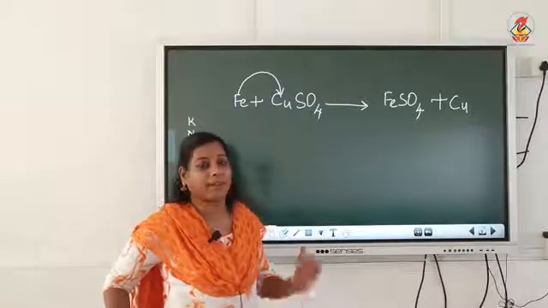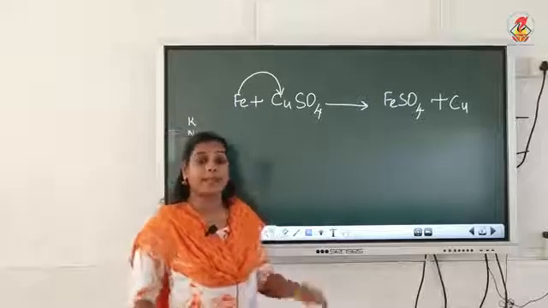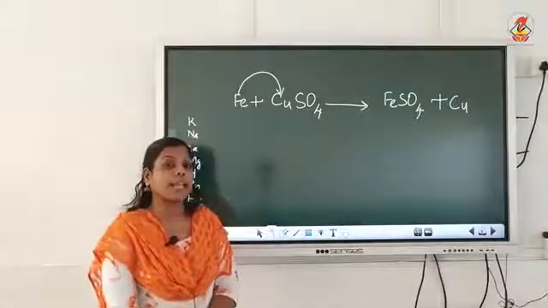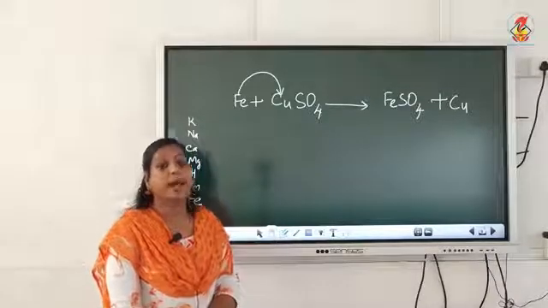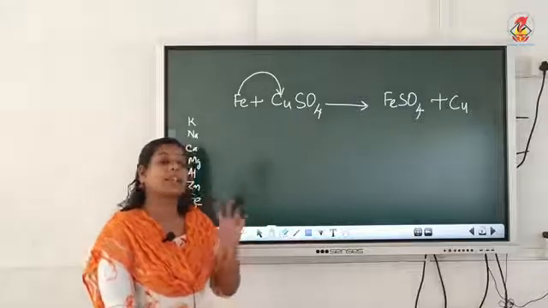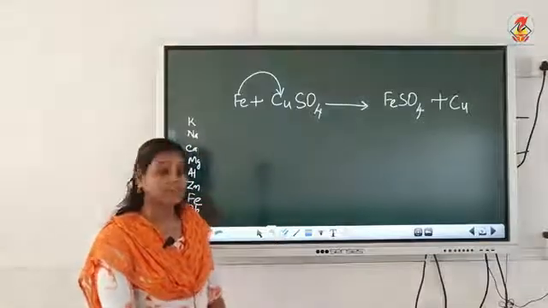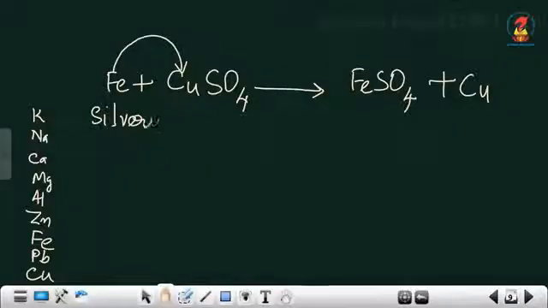We are all familiar with that. And here the color changes we also have to mention. Sometimes you will get a question: what do you observe when an iron nail is dropped into copper sulphate solution? At that time we have to tell the observation. Iron has a silvery grey color, and copper sulphate solution is blue in color.